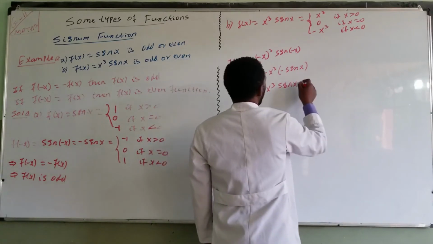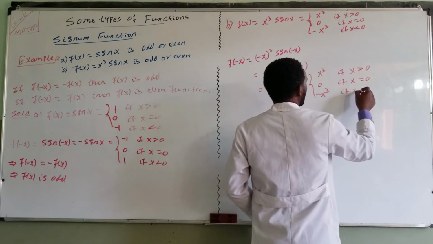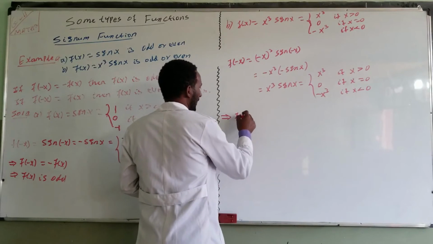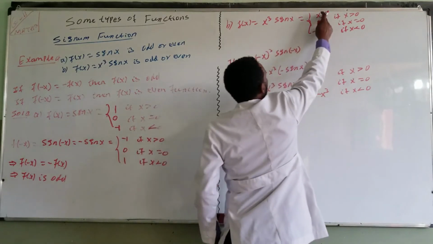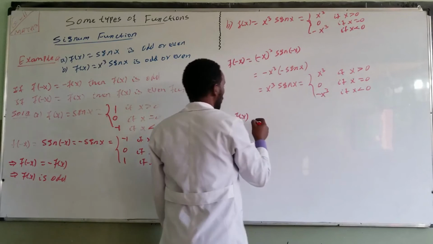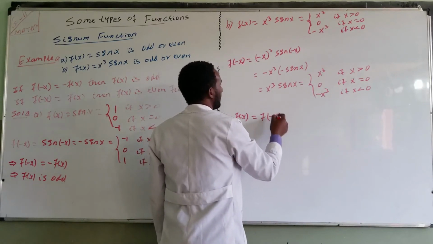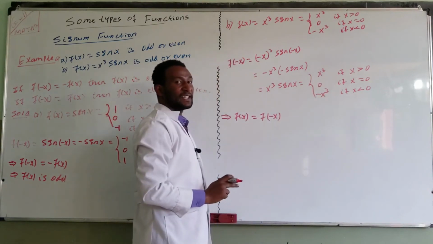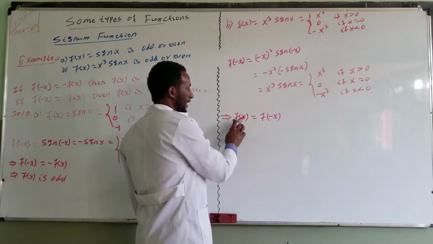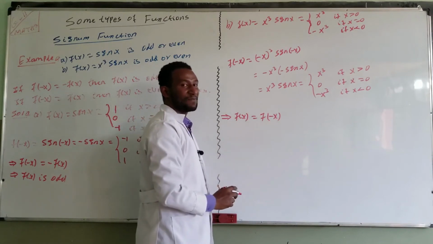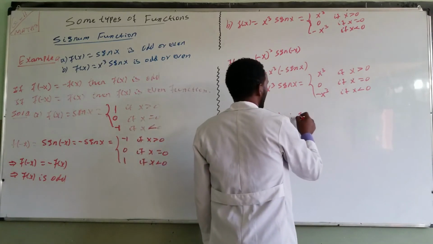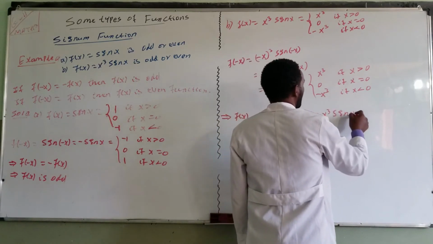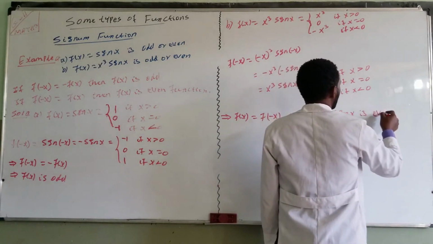This implies that f of x is equal to x cube, 0, and negative x cube, and f of negative x is also equal to x cube, 0, and negative x cube. Therefore, f of x is equal to f of negative x. Therefore, f of x equal to x cube signum x is an even function.